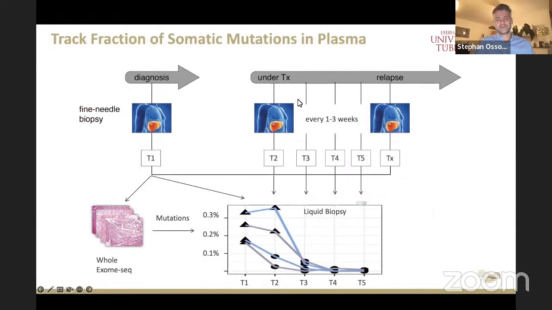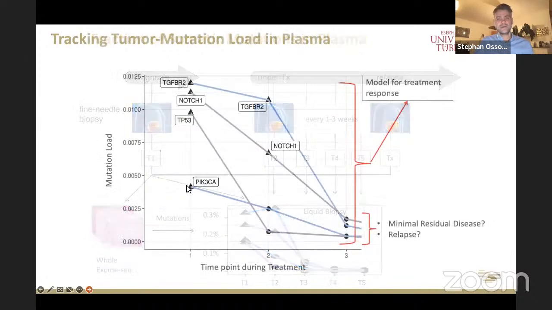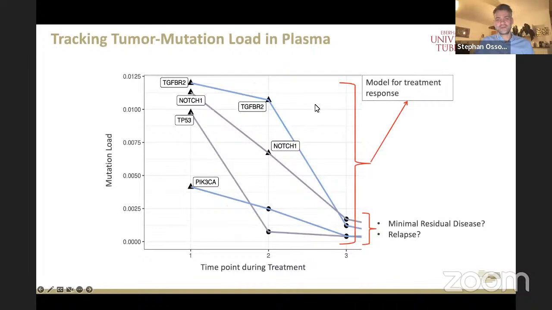So finally, coming back to our graphics, we now have the error rates to really detect something at a 0.2% or 0.1% fraction of the tumor mutation in the plasma. And now we could develop different algorithms. For instance, when following here a simple graphic of having only 4 target mutations in 4 oncogenes, we can develop models that follow the curve over time and predict if a patient is in remission or progress or stable.